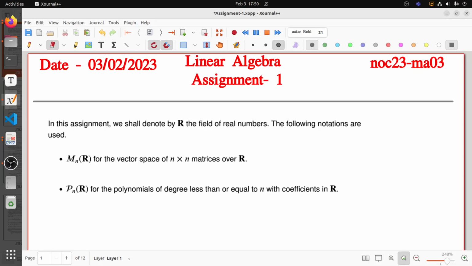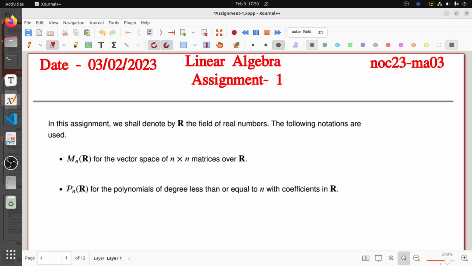So B is in A. What have we taken? We have taken B from the span of A and we have shown that B is in A. So what is the meaning of this? That span of A is a subset of A. Right? So we have done the other direction also. First we have shown that A is a subset of span of A, and here we have shown that span of A is a subset of A. So what do we get?